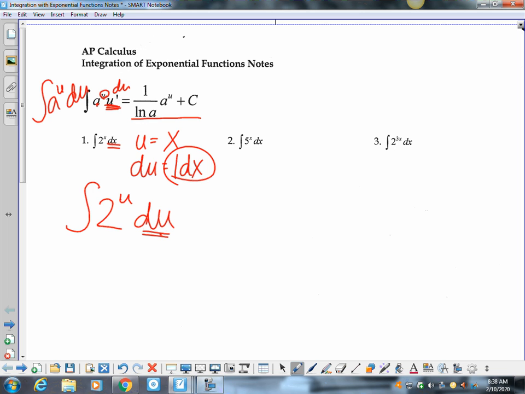Okay, now the rule says when I integrate this, I have my plain a to the u. So who is that in this problem? 2 to the u. And then it's going to be over ln of what? Two things we're forgetting.